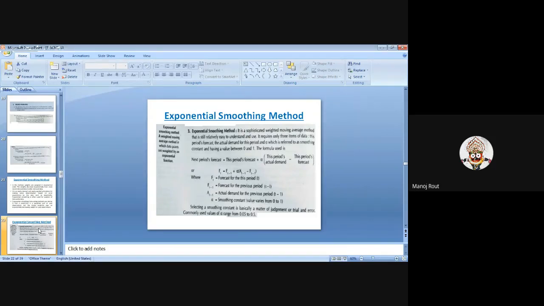The formula is: the next period forecast equals this period's forecast plus alpha into this period's actual demand minus this period's forecast. So try to note down this formula.